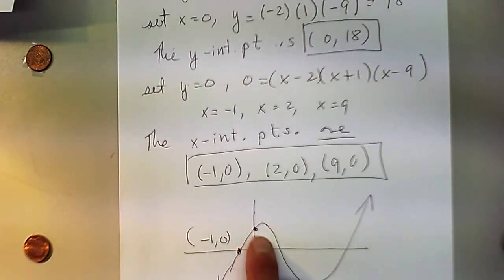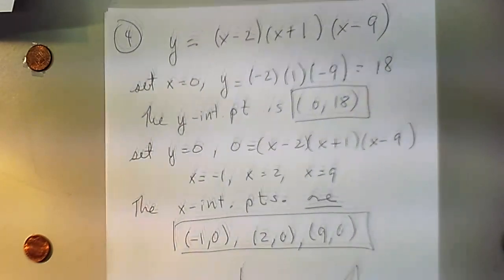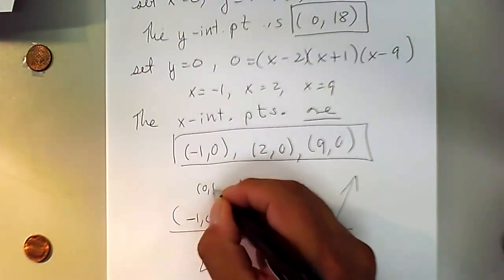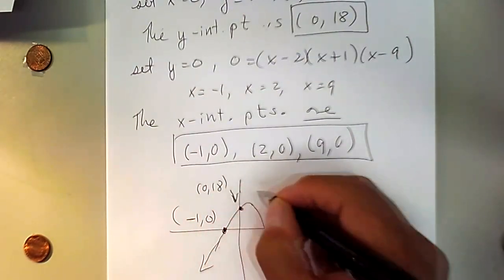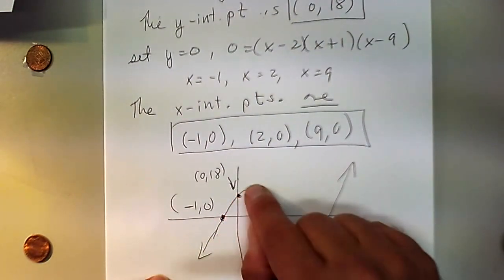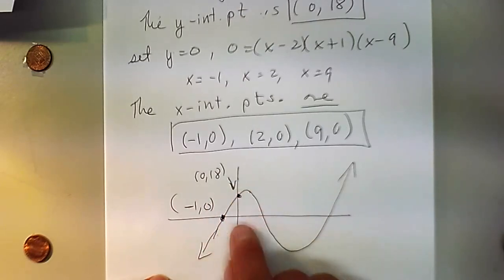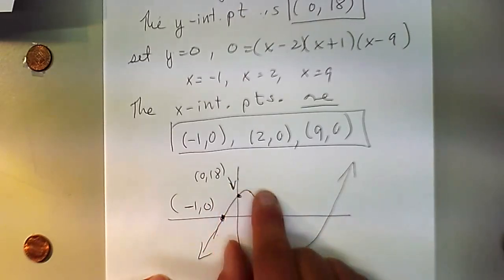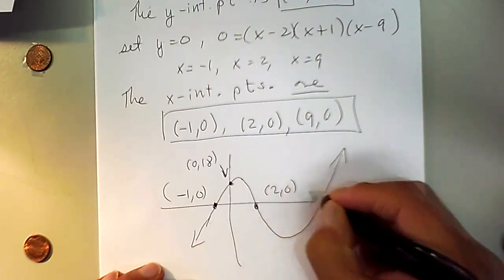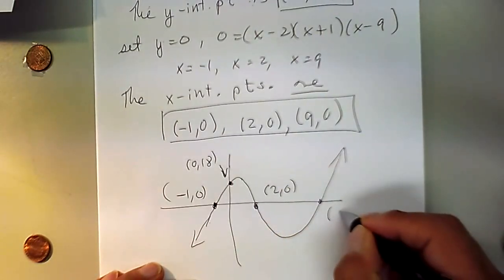We don't know that. The only thing we know is that we are crossing the y-axis at (0, 18). Right there. That's the only thing we know. This point we do know is (2, 0), and this point is (9, 0).